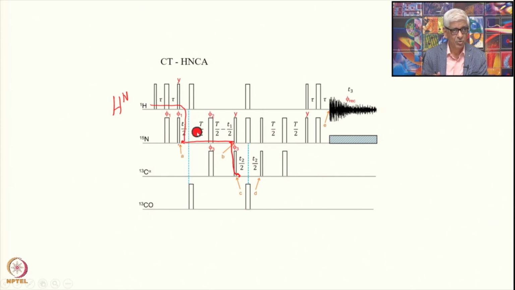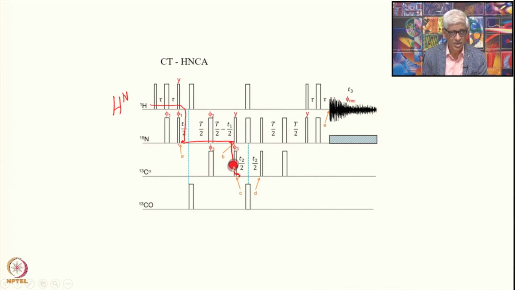During that time the J evolution happens, and during the T1 period is the chemical shift evolution. Which chemical shift? That is the nitrogen chemical shift, because you have the T1 increment and the magnetization is on the nitrogen. Therefore during the T1 period we have the nitrogen chemical shift.